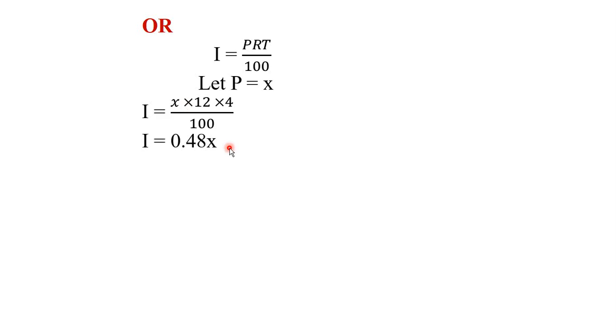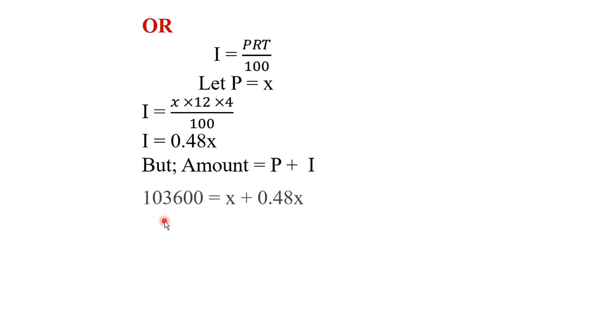Now we also know that here we have the interest. We also have the formula for the amount. So we know that amount is equal to the principal plus the interest. Now, we have the amount already. We need the principal. Our interest is this. So let's substitute: 103,600 is going to be equal to principal, which is X, plus the interest, which is 0.48X.